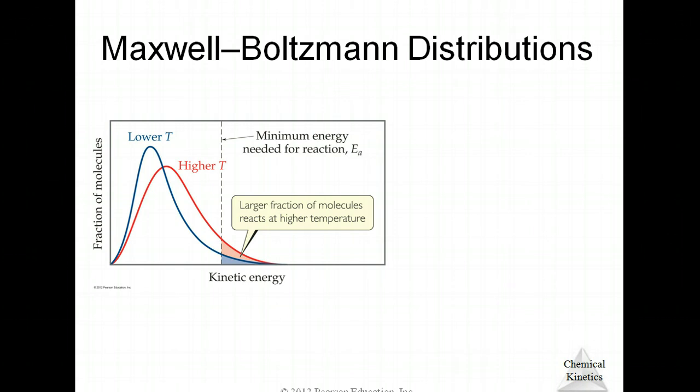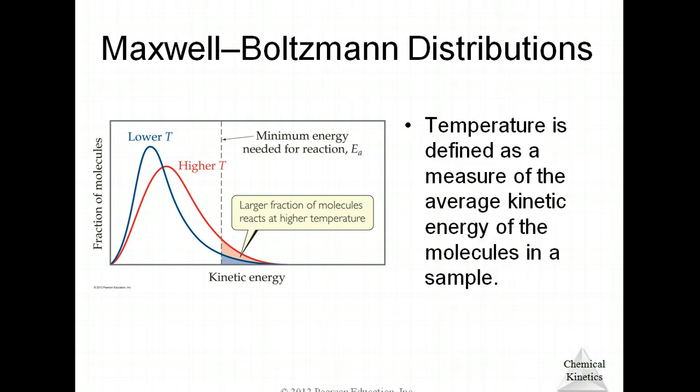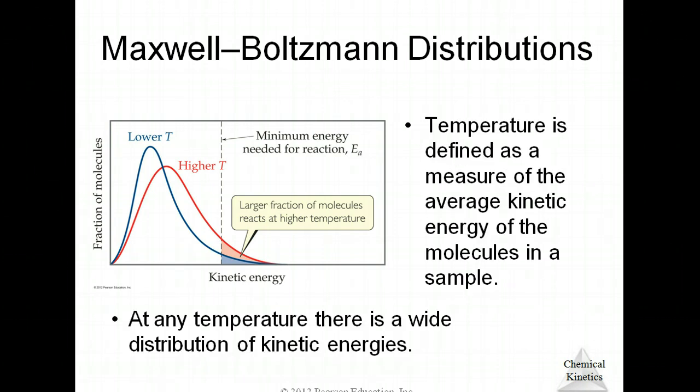Okay, Maxwell-Boltzmann. This little diagram we've seen earlier in the year, and what it tells us is as the temperature goes up, I have a larger percentage of particles that can react. Maybe not all of them. The average, no, they don't have enough energy, but a larger percentage of the particles do have enough energy.